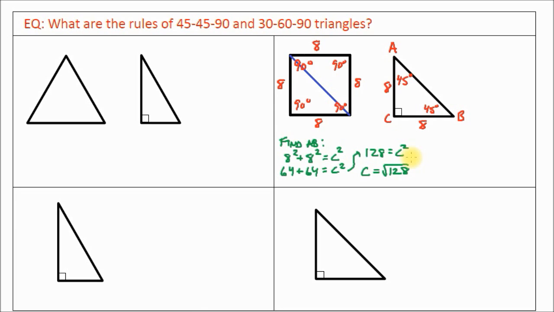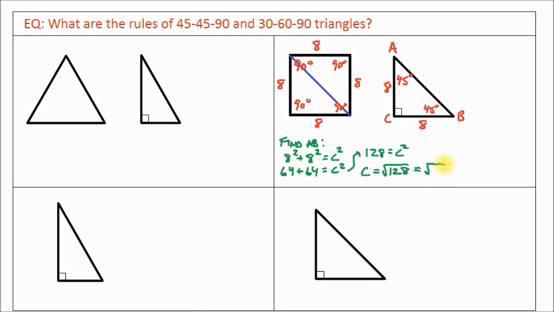Now, we're not going to put this in our calculator. In the beginning of this semester, we talked about how to simplify a radical or simplify a square root. Let's simplify this. We found that the value of side C, which is our hypotenuse, is the square root of 128. We can simplify that by dividing it into some of its factors. I know, class, that 128 is just 64 times 2.